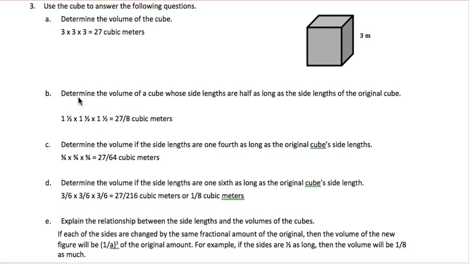Just like when we changed by half as long, by 1/4, and by 1/6, 1 over a cubed is what we end up with for our original amount. For example, if the sides are 1/2 as long, then the volume will be 1/8 as much as it was.